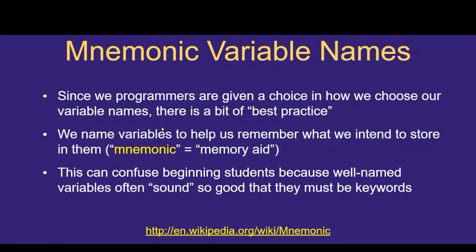We name variables to help us remember what we intend to store in them. Let me repeat. We name variables to help us remember what we intend to store in them.